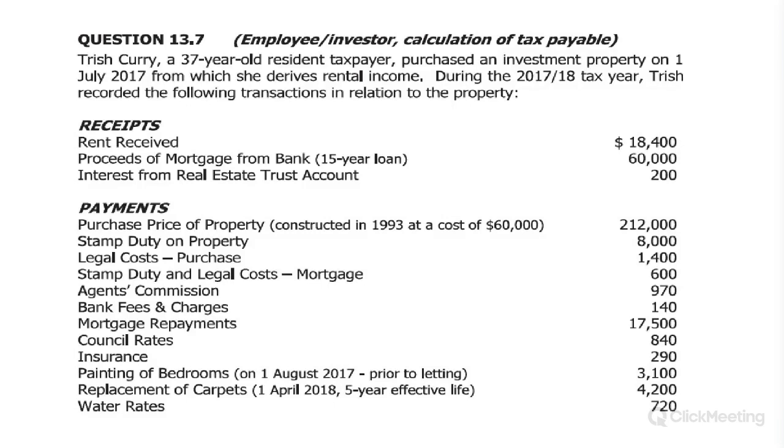Now you need to work out what are the deductions you can take against the rent. What are the deductions out of all these payments that you can take against the rent that has been received? So there are a range of things. For example, stamp duty on property. Have a look. Stamp duty, is it actually capital or is it an expense?